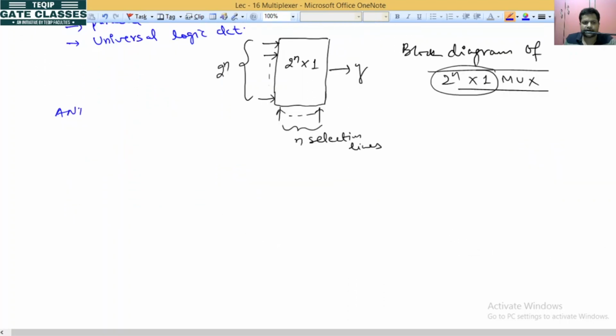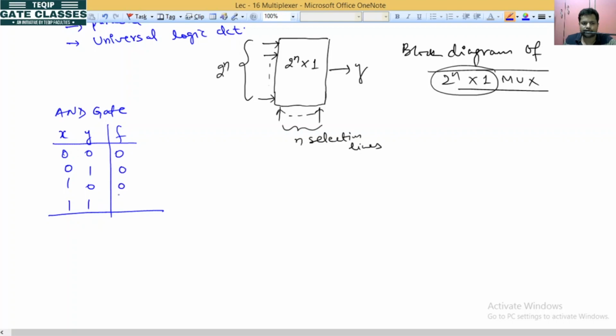Suppose I have an AND gate. Okay? So what will be the truth table of the AND gate? X, Y, F. Now you can write from here: 0 0, 0 1, 1 0, 1 1, and we know the output for the AND gate. If both the inputs are 1, output is 1, otherwise 0. Okay? Now if I want to write the expression for f, then you go for this one directly, and you know that it is a sum of min term form.